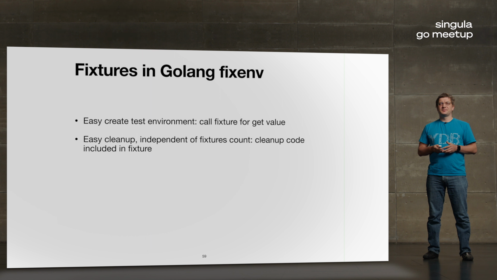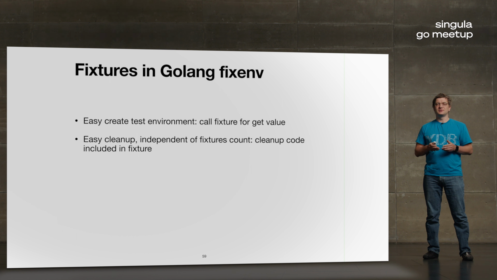Easy cleanup. A fixture can include cleanup code itself. In the test, you only receive the result value to work with. Then the fixture will clean up itself. No need for code in the main test sources.